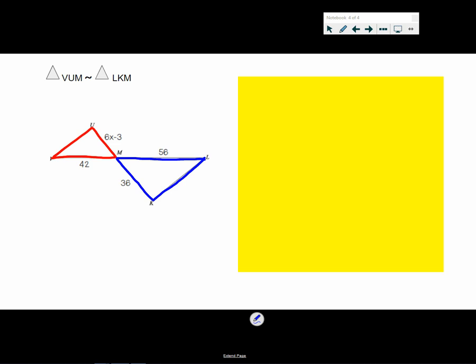I also know that these two are similar, and these two are similar. Okay? So when I write my proportion, I'm going to say that 6x minus 3 over 36 equals 42 over 56.